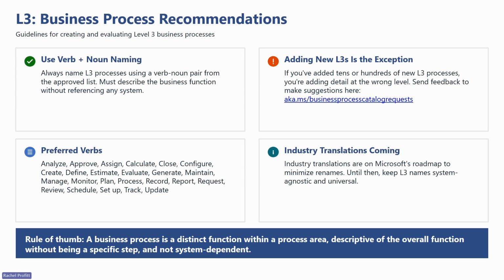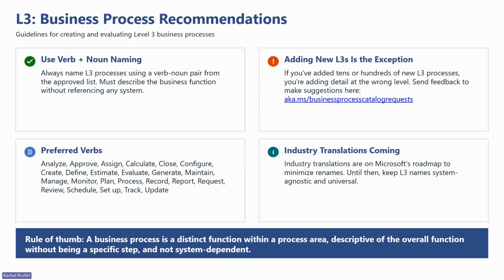This isn't just formatting, it ensures consistency across the catalog and makes processes immediately understandable across teams. Every level 3 process should describe a clear business function, not a system behavior. You should be able to read it and understand what the business is trying to accomplish without referencing a product.